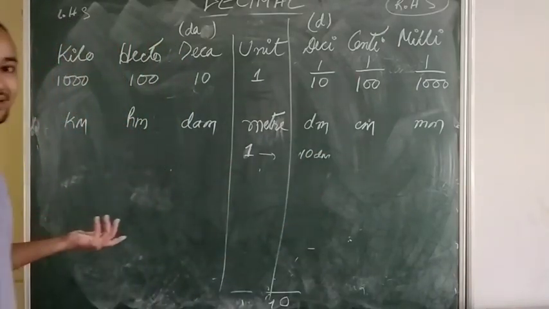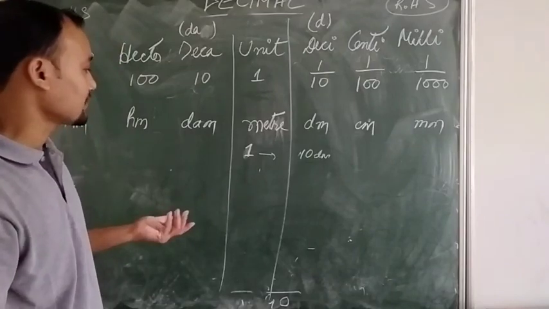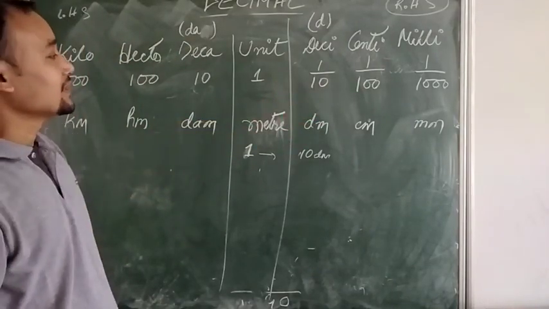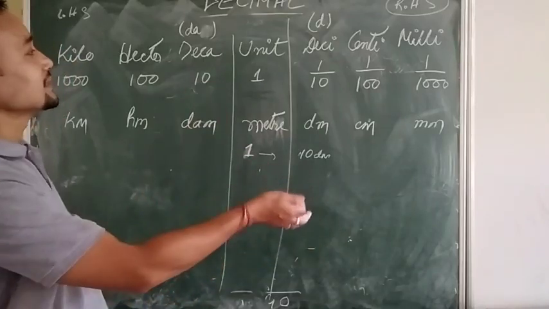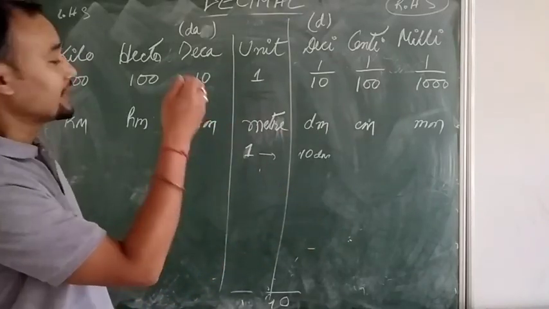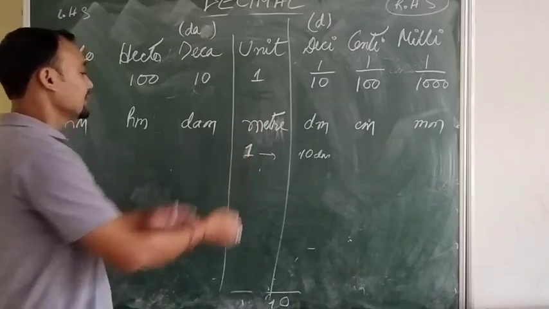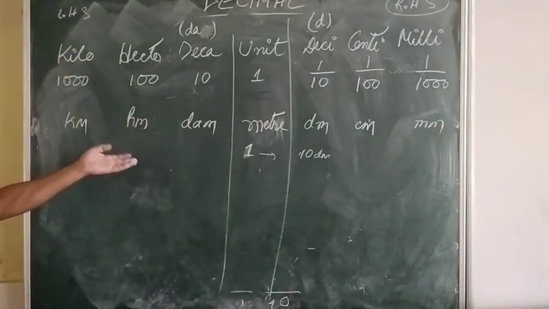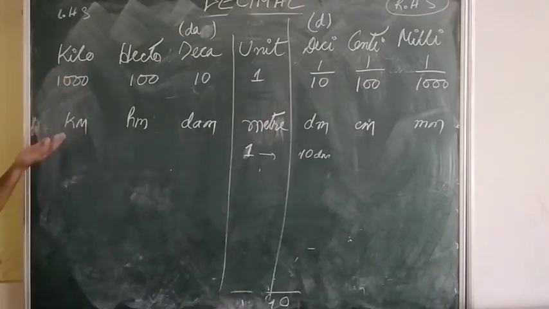Some people used to utter it like this: 10 millimeter equal to 1 centimeter, 10 centimeter equal to 1 decimeter, 10 decimeter equal to 1 meter, 10 meter equal to 1 decameter, 10 decameter equal to 1 hectometer, 10 hectometer equal to 1 kilometer.